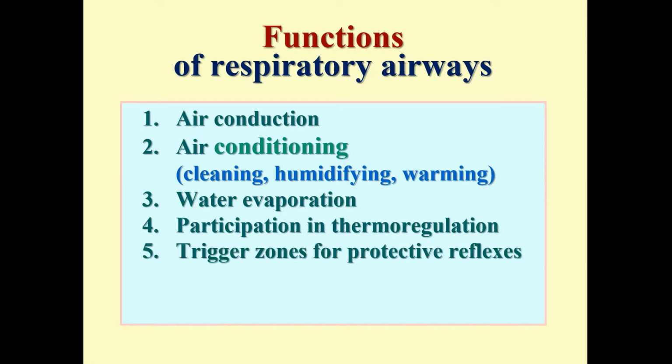The next function is that the airways are trigger zones for protective reflexes. The receptors are present in the mucosa of the airways, and these receptors may begin the following protective reactions: cough and sneeze. If the upper airways are stimulated by particles that are present on the surface of mucosa, that can initiate sneezing, especially in the nasal cavity.